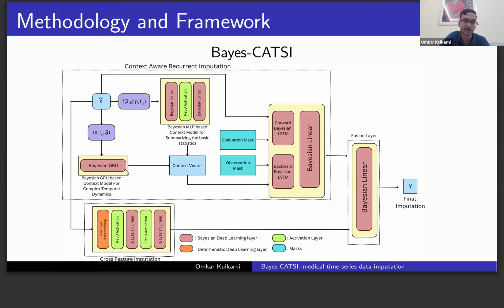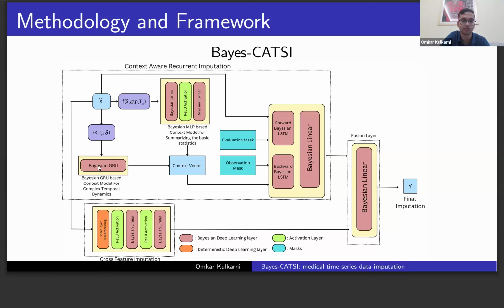The second part uses a Bayesian GRU layer to summarize the complex temporal dynamics. The output from both of these parts is concatenated to get the context vector.